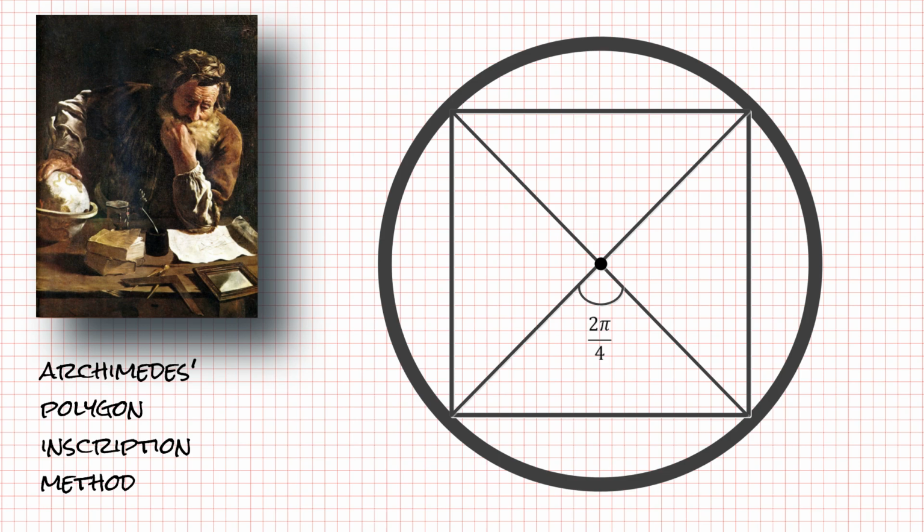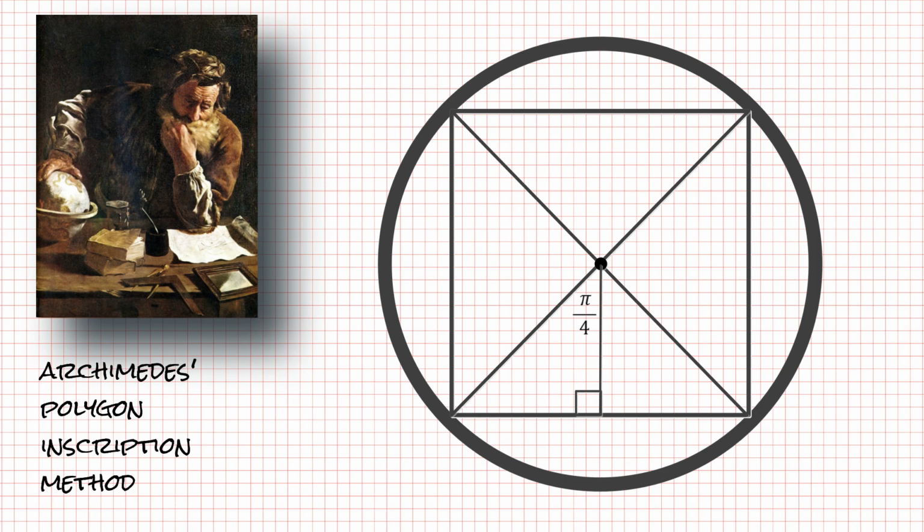We're dividing by 4 because that is the number of equal angles we've divided our circle into, the number of sides of our polygon. When we generalize this algorithm, we'll use the variable n for the number of sides instead of 4. Now, if I bisect that angle, I'll have a right triangle, and then I can use my trigonometry.